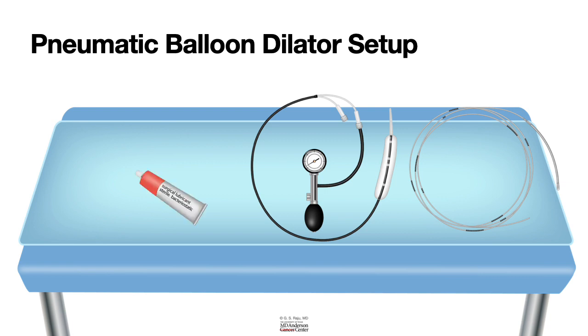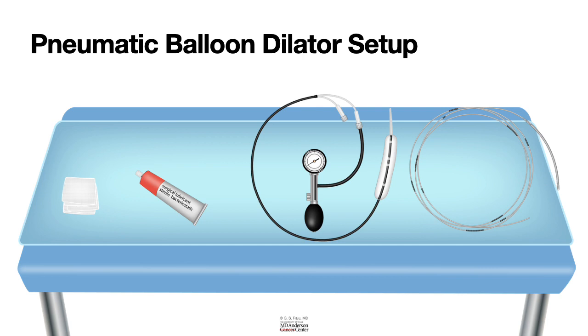You also need a lubricant to lubricate the catheter, and a little bit of gauze to put the lubricant on. Depending upon the type of the case, the endoscopist may decide to use one of the three different sizes of pneumatic balloon dilation catheters that are available.